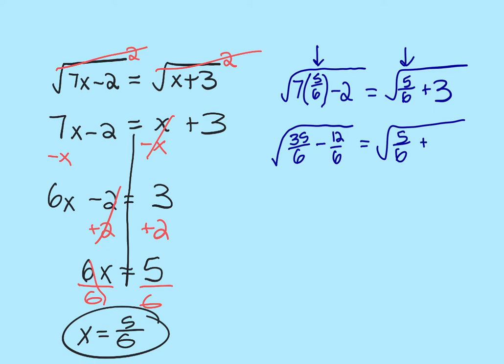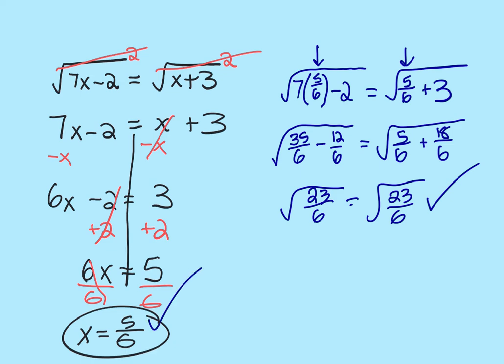And I'll get a common denominator, and I'll change this to 18 over 6. So then I will have the square root of 23 over 6 will be equal to the square root of 23 over 6. So this one also checks.